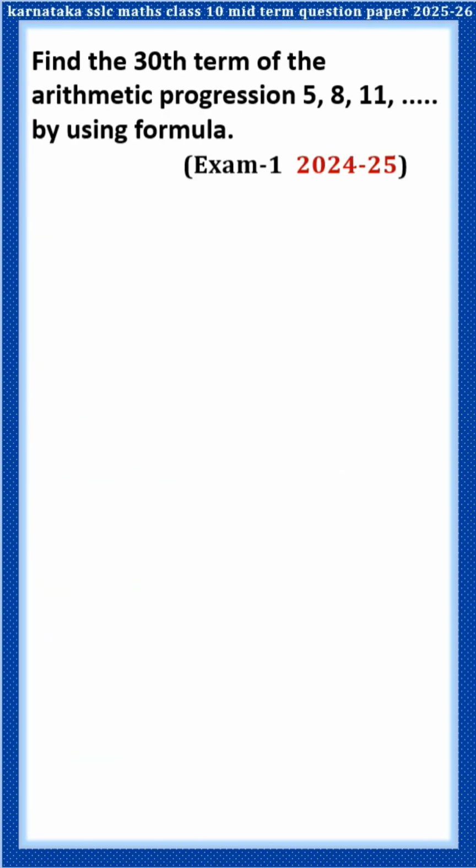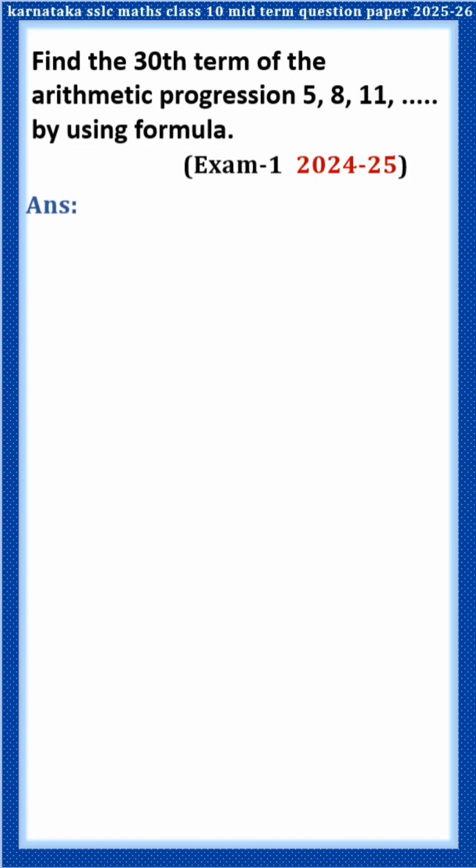A similar question is also asked in exam 1 of 24-25. This is a frequent type of question. This question has been asked in almost every question paper. The terms are different, that's all. This is a much more direct question.